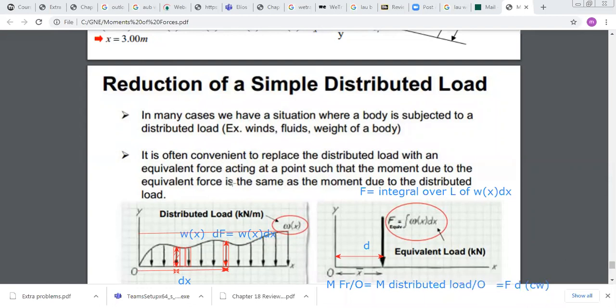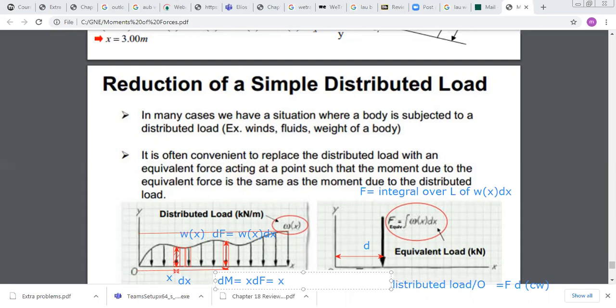Okay. So the distance between the elementary force and O is equal to x. So the elementary moment dm for a small force is df times x, and I can replace df by omega x dx.